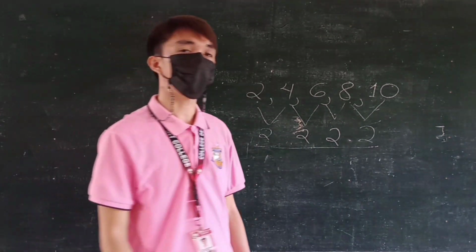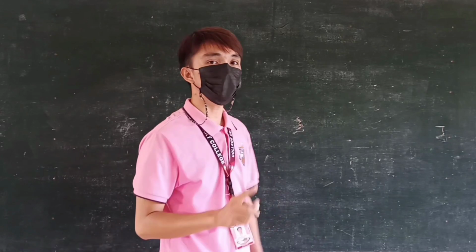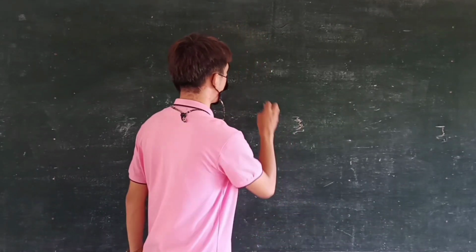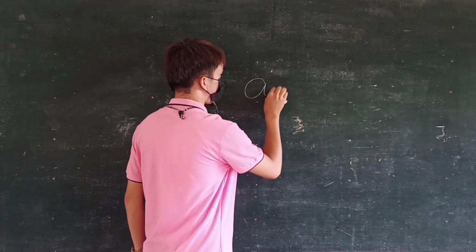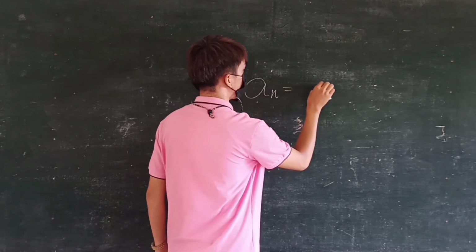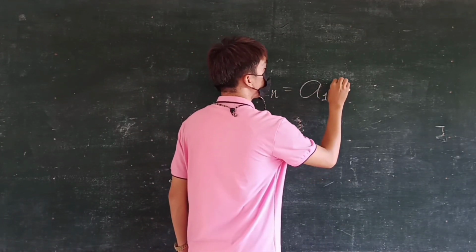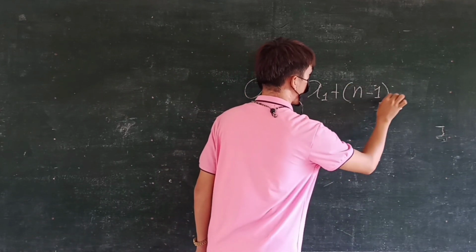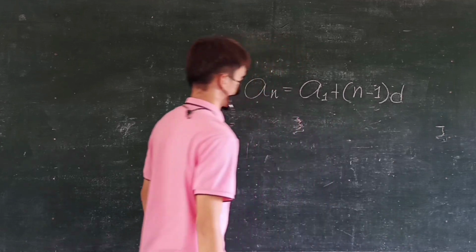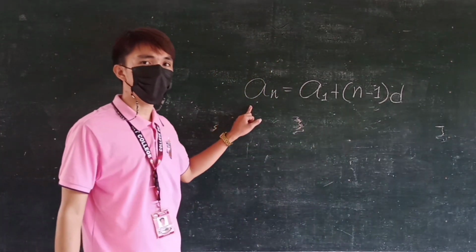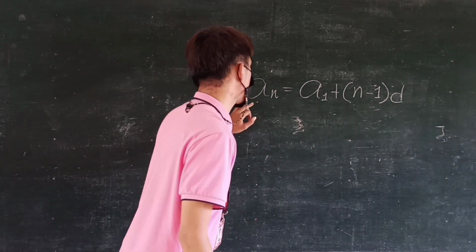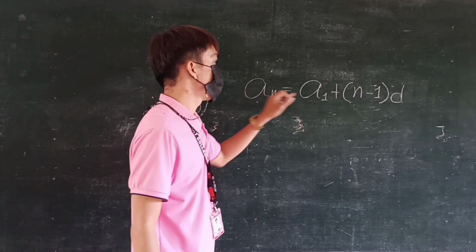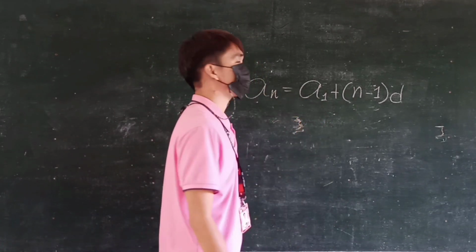Now let's talk about the formula of an arithmetic sequence. The formula in finding the nth term of an arithmetic sequence is a sub n equals a sub 1 plus the quantity of n minus 1 times d. A sub n refers to the nth term that you are looking for. A sub 1 is the first term.